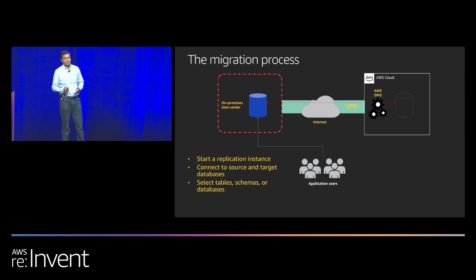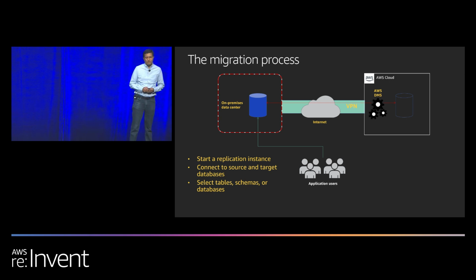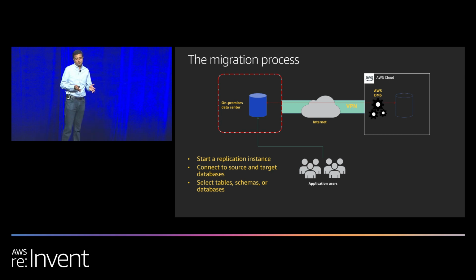Once this is done, you select the tables, schemas, databases that you want to migrate. You don't need to load the entire data from your on-premise to the cloud. You can perform filtering where you selectively choose schemas, or in a given table you can select the columns which you want.